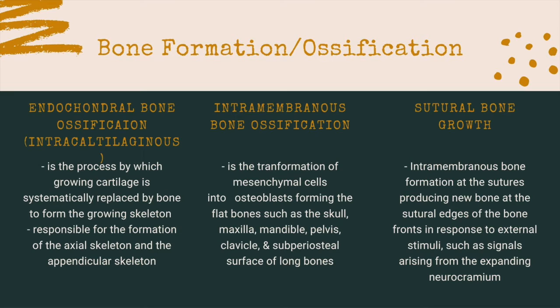It is the intramembranous bone formation at the sutures, producing new bone at the sutural edges of the bone fronts in response to external stimuli such as signals arising from the expanding neurocranium. Sutural bones are very small bones located specifically between the cranial bones of the skull.